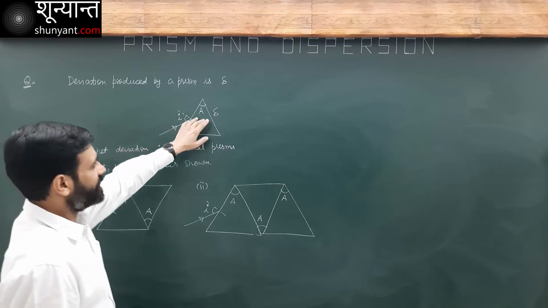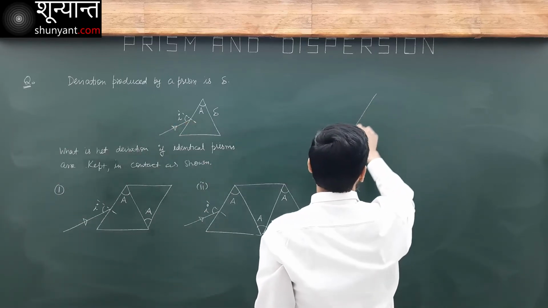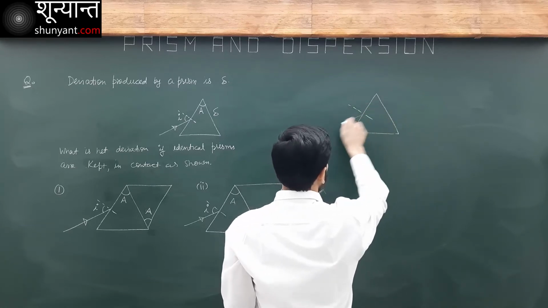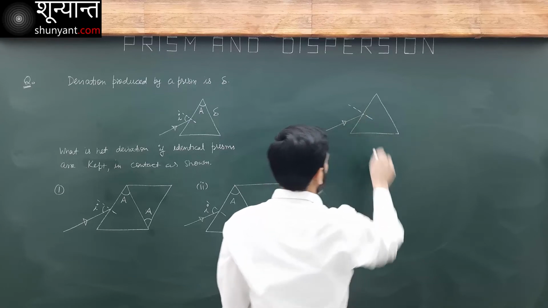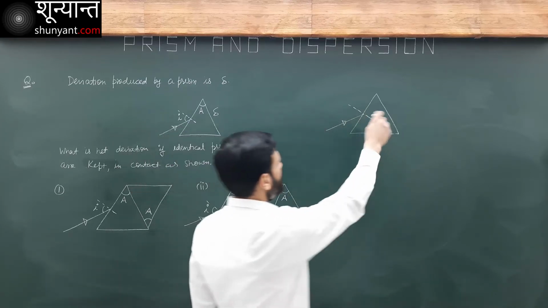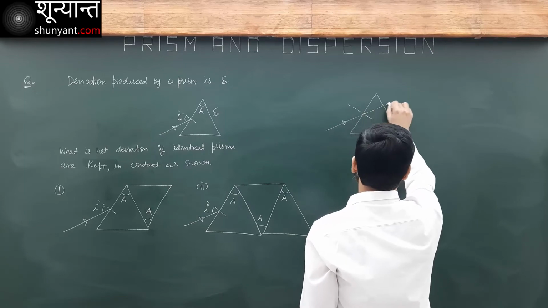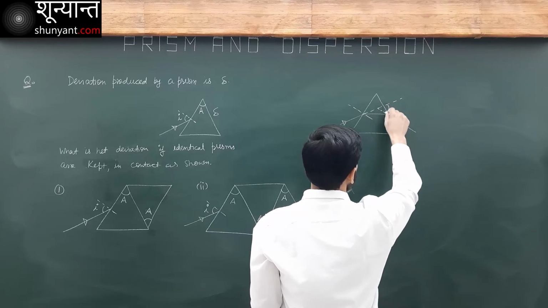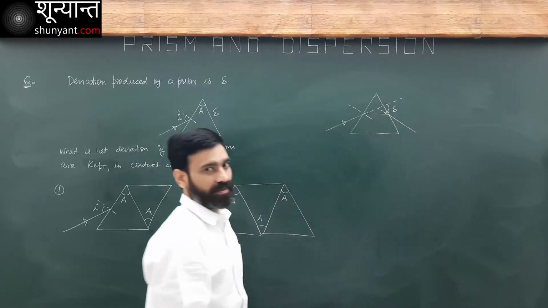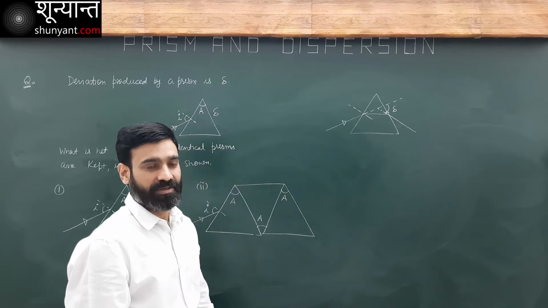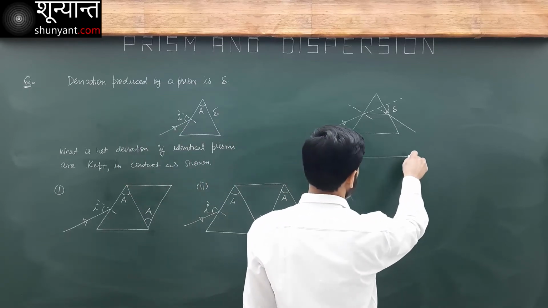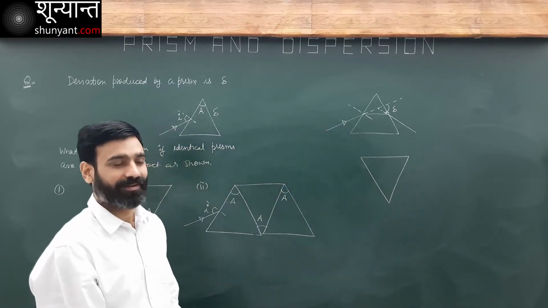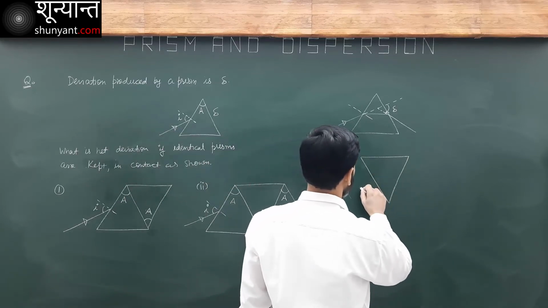Okay. Let's say the deviation is delta here. Now what will happen if I invert this prism? This is deviation delta in clockwise direction. Now if I invert this prism, and then light is incident in the similar manner here.